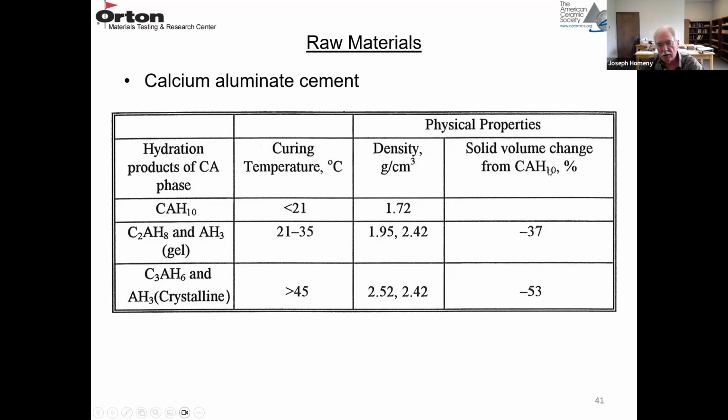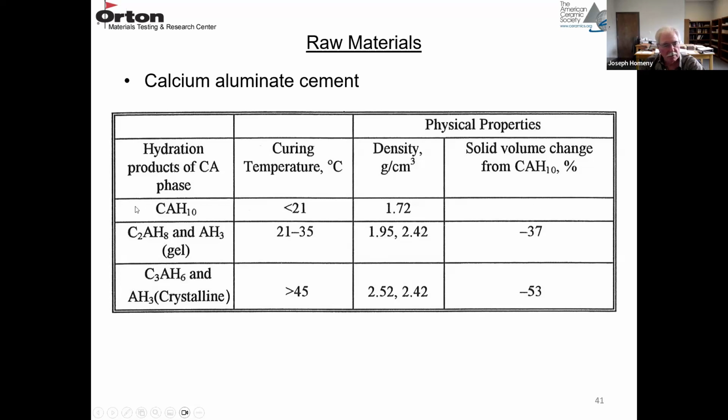So if you start out by casting below room temperature and you have CaH10, there's a 37% volume change when you go to C2AH8. And when you go to C3AH6 by increasing the temperature, there's a 53% volume change.